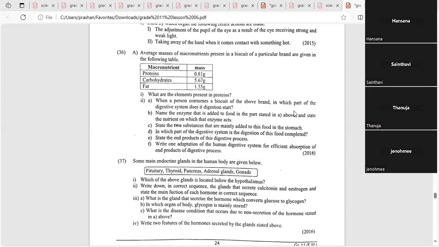It contains protein, carbohydrate and fat. The digestion of carbohydrate starts in our buccal cavity. There is amylase enzyme in our buccal cavity, which starts the digestion of carbohydrate. Therefore, digestion starts in the buccal cavity or mouth. That is the correct answer, due to the action of amylase enzyme.